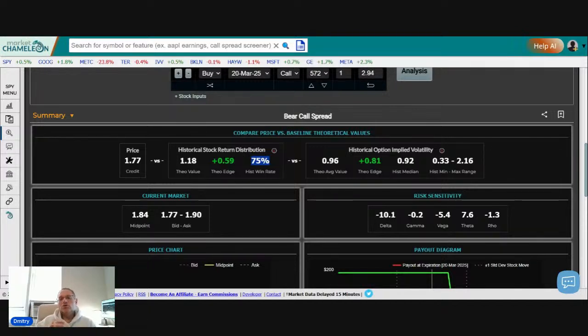Another way we could look at it is if we found similar situations historically and we looked at the options markets.